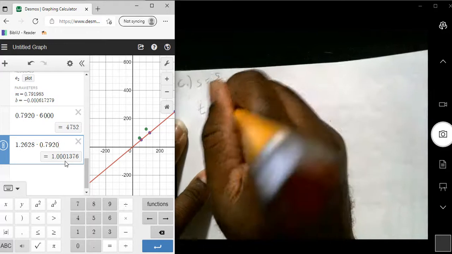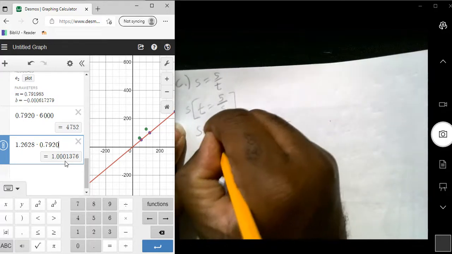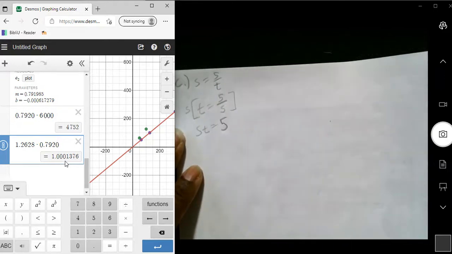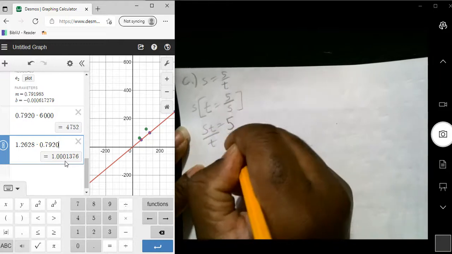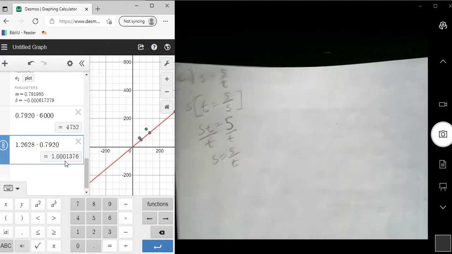So we have to multiply everything by S. So this would be S times T is equal to, these S's will cancel out and leave you 5. So we'll divide each side by T, and S is equal to 5 over T.